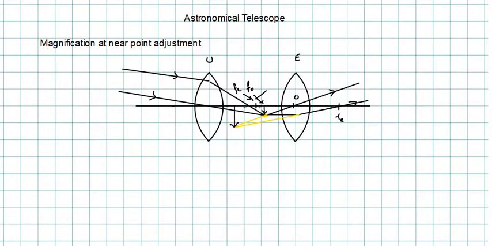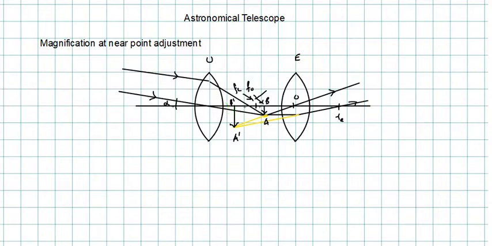So this is A, B, this is A prime, B prime. This angle is alpha. If this angle is alpha, definitely this angle is also alpha. This angle is also alpha.